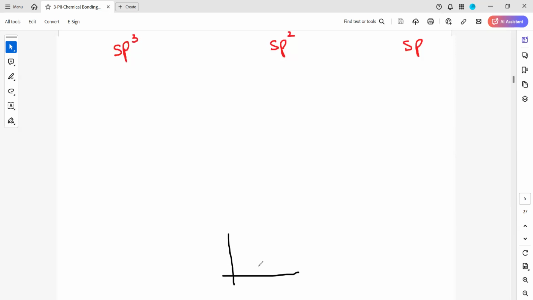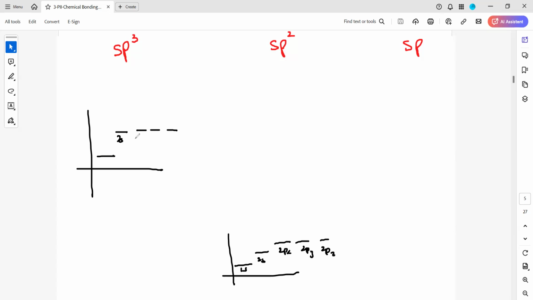What is a normal energy? Like we have 1s, then we have 2s, and then we have 2px, 2py, and 2pz. This is normally. But if there is sp3 hybridization, what happened? One of the s orbital and three of the p orbitals all get the same energy.